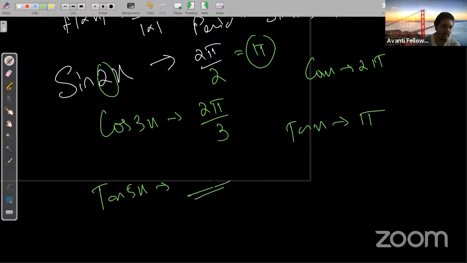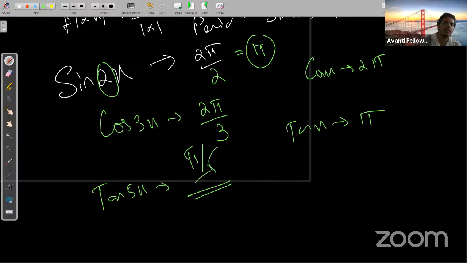Now what is the period of tan 5x? Come on, try to give me the answer. Very good, Sankar. So answer is pi by 5.